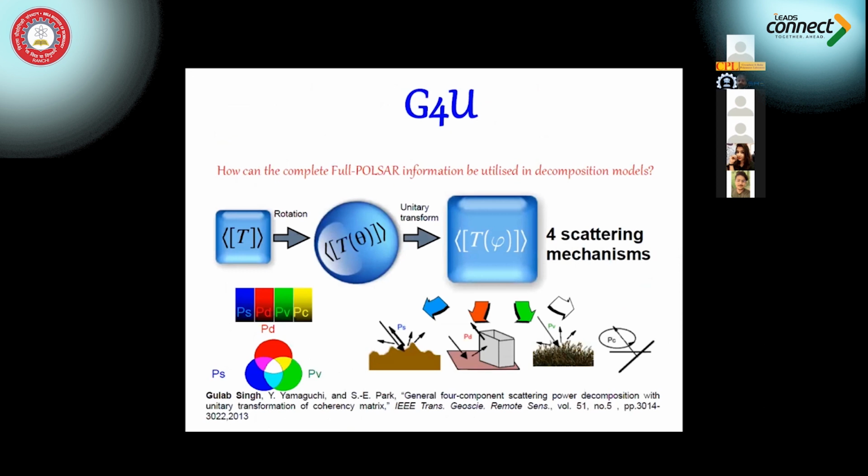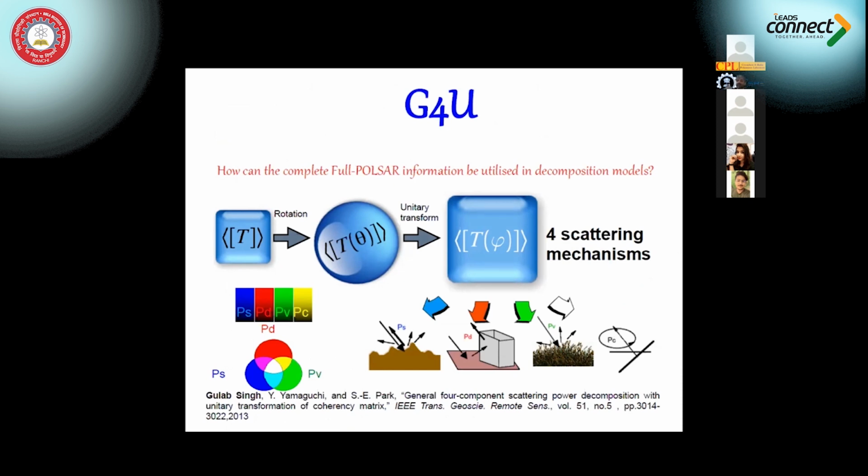So in the G4U decomposition, you know that you have the T matrix which is coming from the radar measurements, and in an urban area a lot of structures are not orthogonal to the line of sight. They might be oriented from the radar flight direction, maybe 40 degrees, 20 degrees, depending on that. Because of that, it creates a polarization orientation shift.